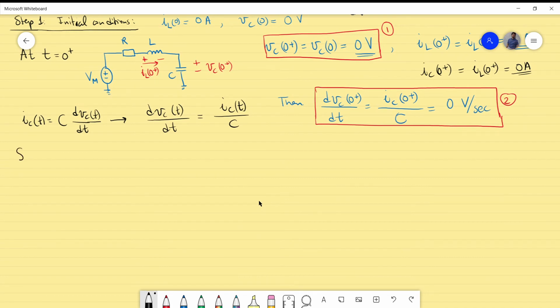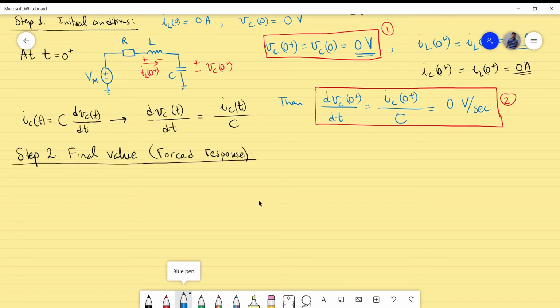So step 2 will be the final value, final condition, and this will be for the forced response. So we will determine the forced response from this analysis. Okay, so I will redraw the circuit again.